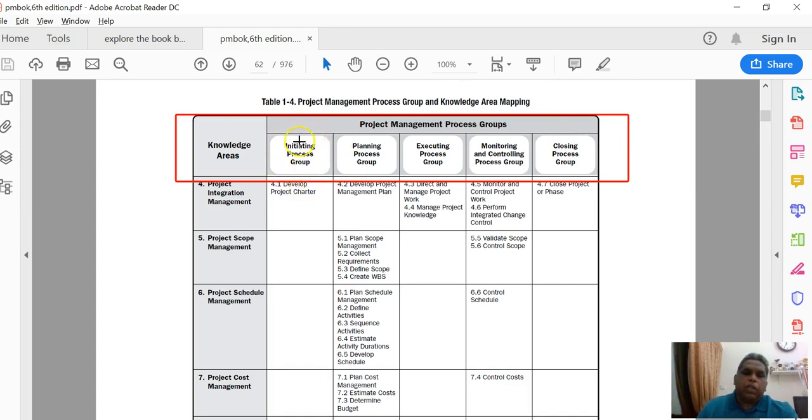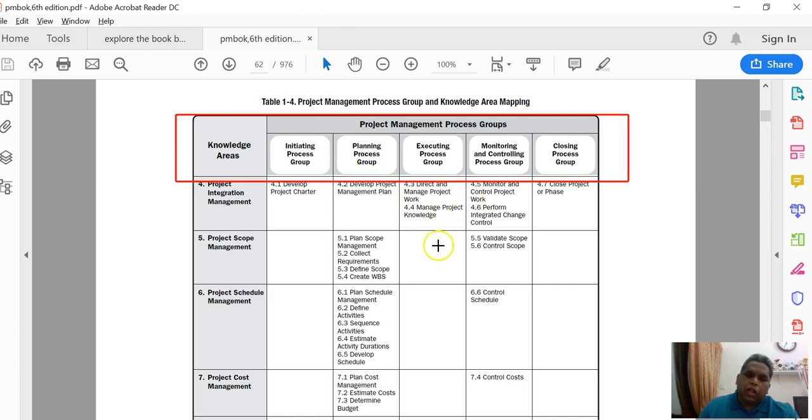What they mean by that is, when we work on the life cycle of a particular project, or when we work in a particular phase, we might want to think about what areas of knowledge we would like to work on when we initiate that phase of the project. What are the areas of knowledge that we would need to work on when we work on the planning phase or the planning element of a project?